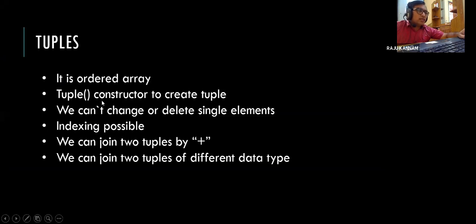That we will discuss in a later class. We can't change or delete the single elements of the tuple. Indexing is possible, and we can join two tuples by using concatenation, even with different data types. So now let us come back to our program.